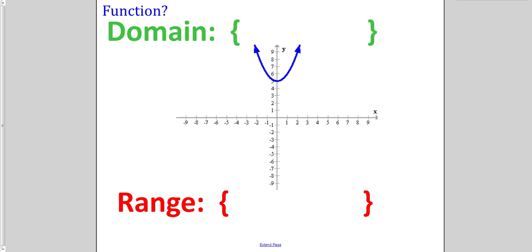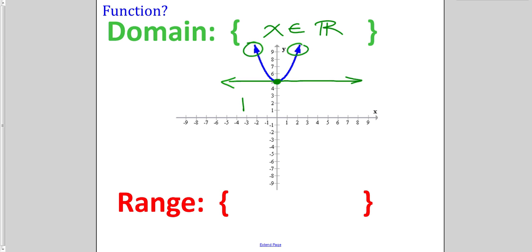Let's look at another example. So here we've got a parabola. We're going to start by putting a point on the vertex and then drawing a line through that point. Now we've got arrows, so this line is going to go off to the left and right forever in both directions. So there's no limits on the x, so we're going to say x is an element of all the real numbers.